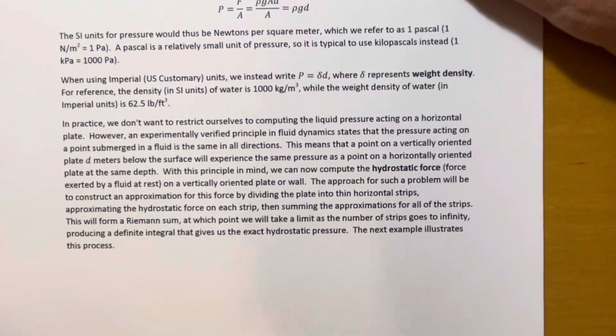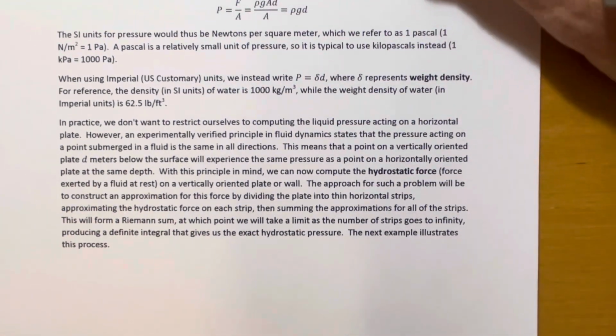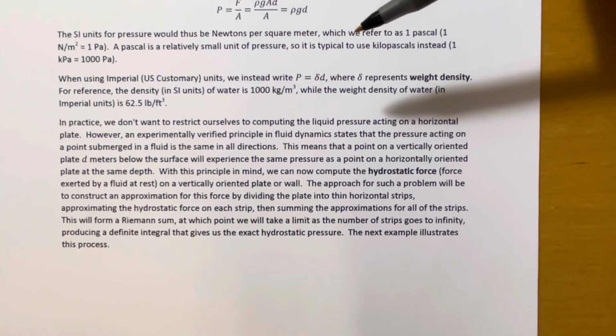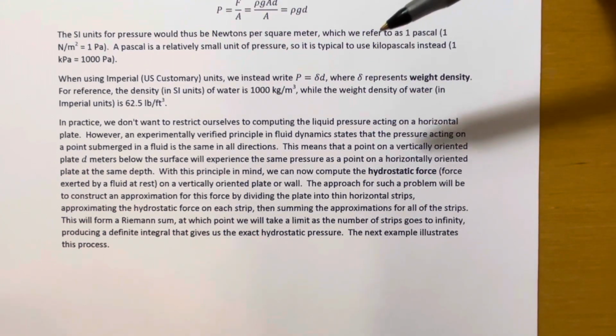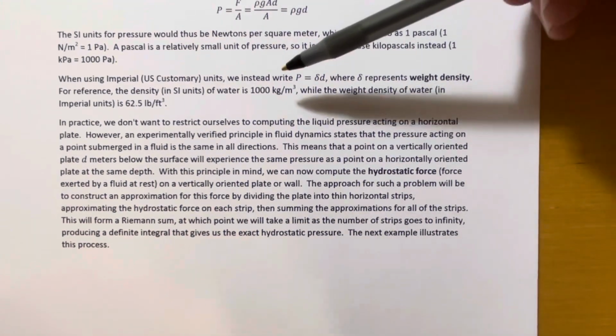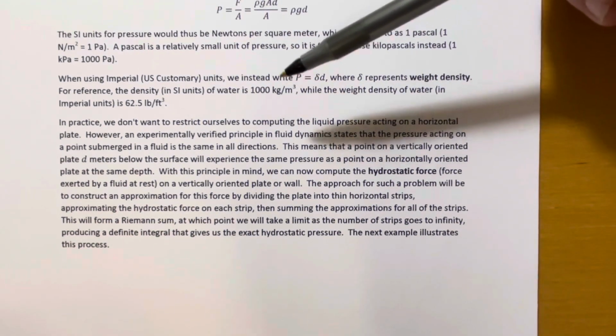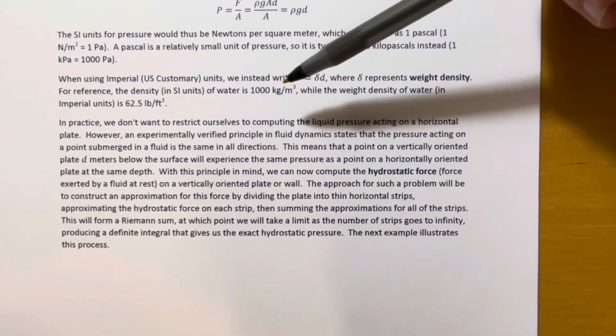Now, like we said, you can do these sorts of problems where you submerge this plate under any type of fluid, but more often than not, in the problems that we see in this section, the fluid is going to be water. The reason for that is because we know what the densities for water are in these various units of measure.